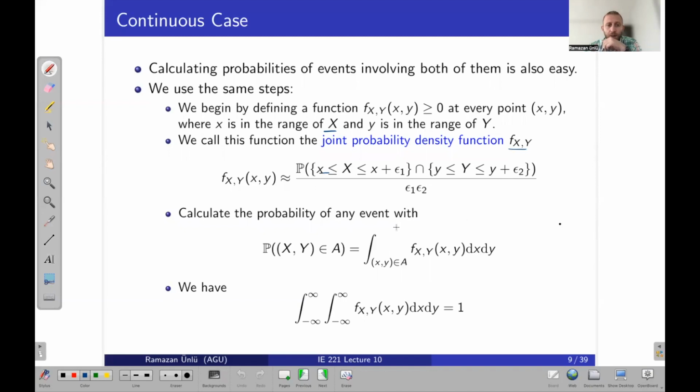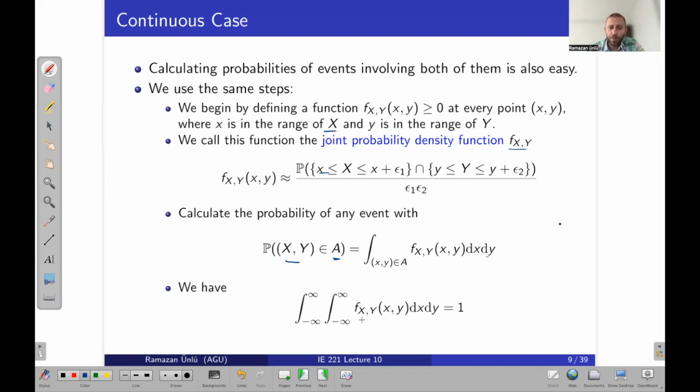Okay. And also I can calculate the probability of any event. In this case, the event is a pair of random variables, x and y, and these are coming from an event, okay, which is the integration of f of x, the PDF, in terms of dx and dy, because we have two random variables.